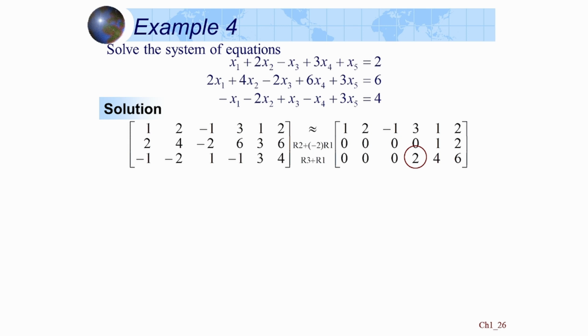And we look for the next pivoting. It is taken to be the first non-zero entry of the last row. It is 2. To get 1, we divide the last row by 2. Okay. Just interchange, swap the second and third rows.